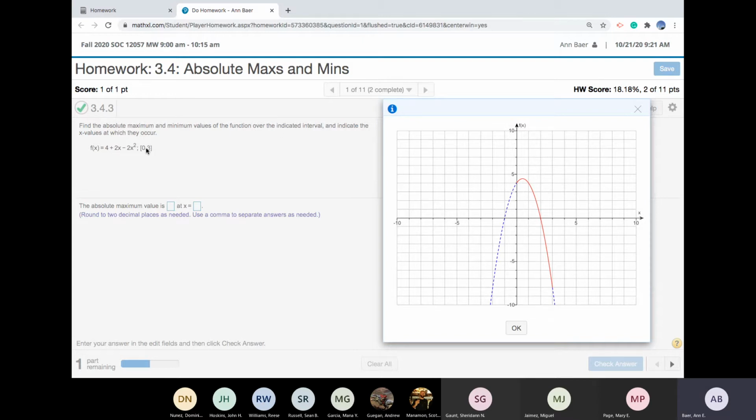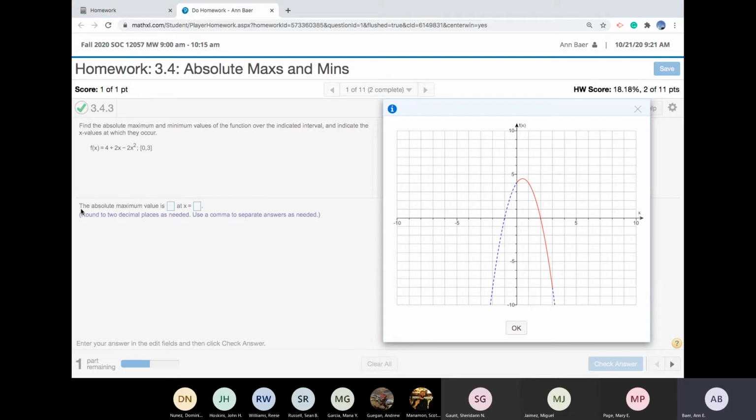The only other possibilities for an absolute maximum are the endpoints of this interval, which are 0 and 3. So our only possibilities are 0, 3, and our critical number, which is 1/2. That definitely looks like the x coordinate of this point is 1/2, so we're going to go with that.